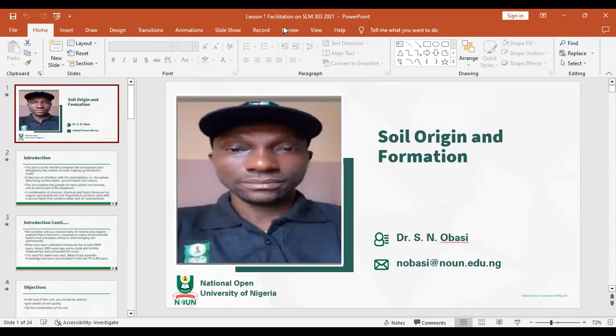And we cannot study soil effectively without trying to understand how soil is formed, what the factors responsible for the formation of soil are, what the roles of some of those factors are, what they did, how they came to be. And these are some of the things we'll be looking at in this very course.